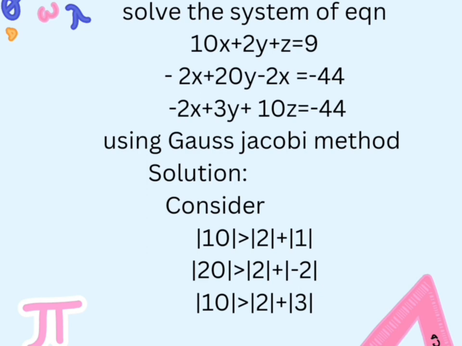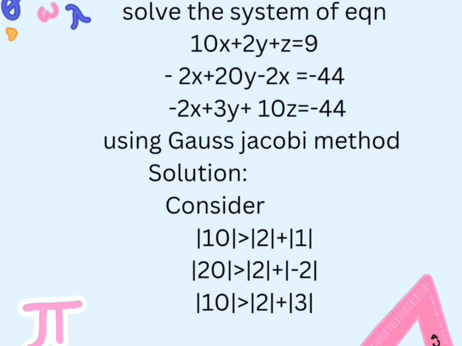Solution. The condition for the Gauss-Jacobi method is that the diagonal elements should be dominant. That means the coefficient of x should be greater than those of y and z. Now using the condition in this step, 10 is greater than 2 plus 1, and next for y, 20 is greater than 2 plus minus 2, and for the third equation, 10 is greater than 2 plus 3.